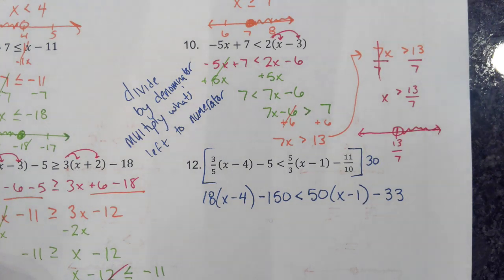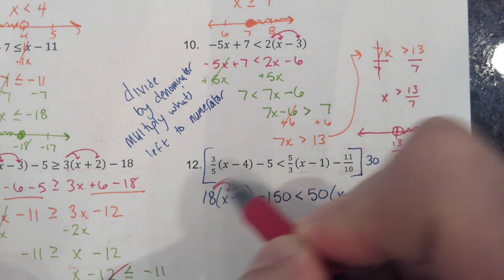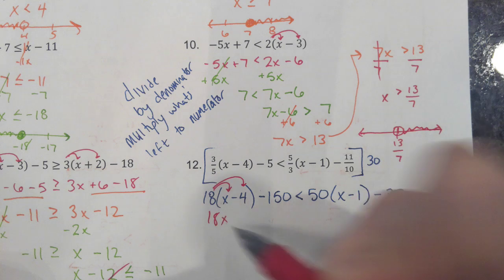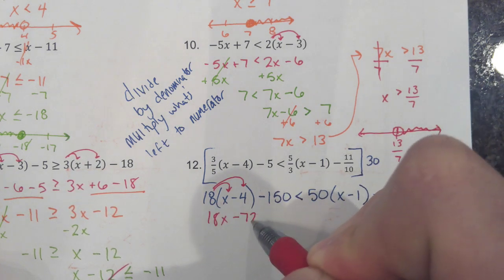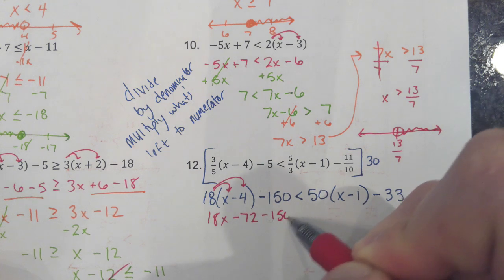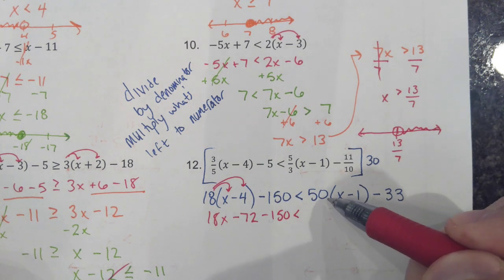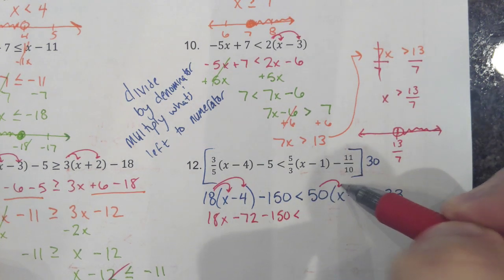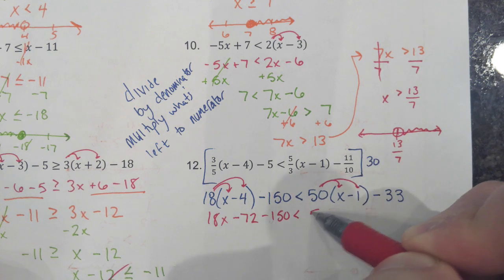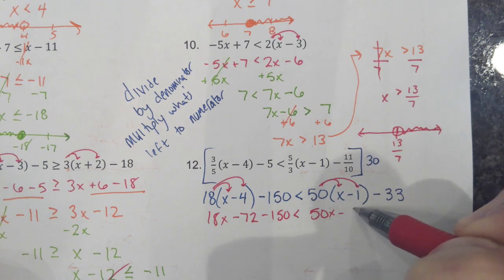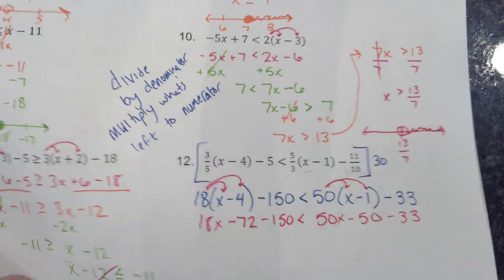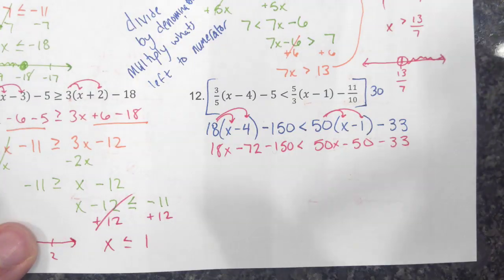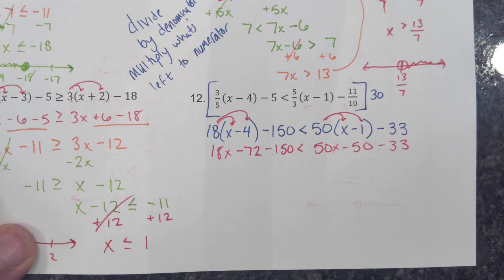Now we just have a couple of things to distribute. We'll distribute that 18 through first. That's going to be 18x, and then 18 times 4 is 72. And I got the minus 150 still, got the less than symbol. Now we got to distribute the 50. That's going to be 50x minus 50, and then minus 33 more. Okay, looking at that, looks like I've got some like terms that I can put together.